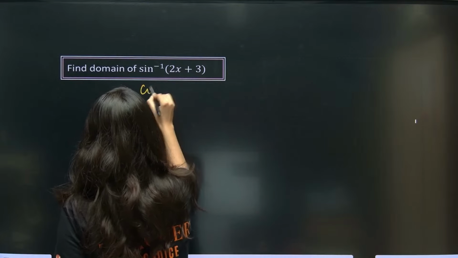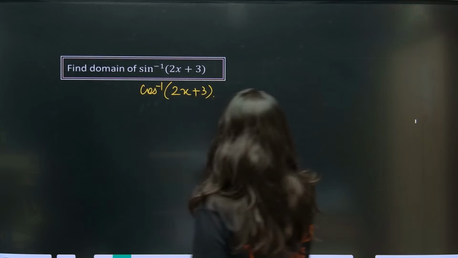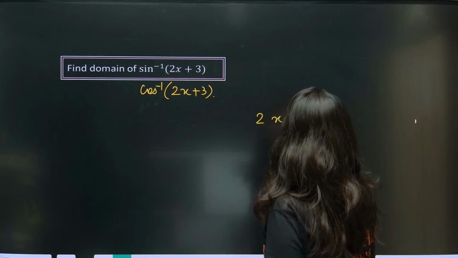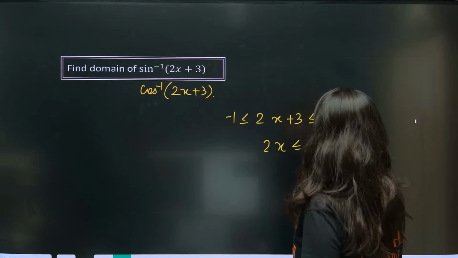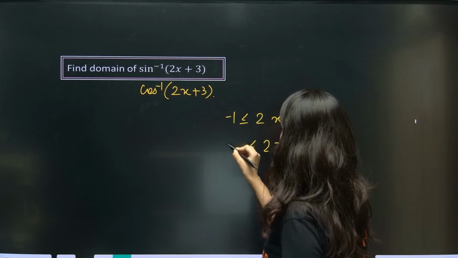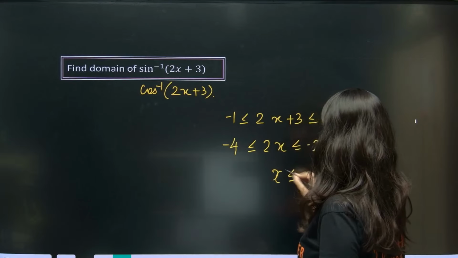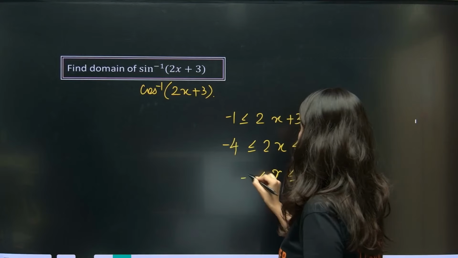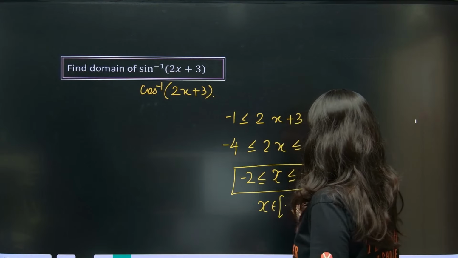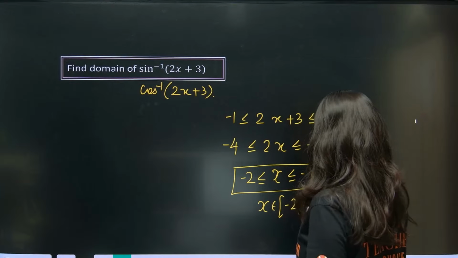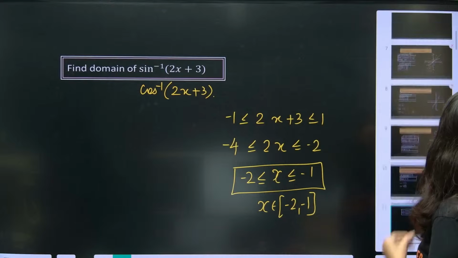For that matter, cos inverse (2x plus 3) also will be the same. Basically, 2x plus 3 will lie between minus 1 and 1. 2x will be between minus 4 and minus 2, and then x will belong to minus 2 comma minus 1. Everybody getting it?